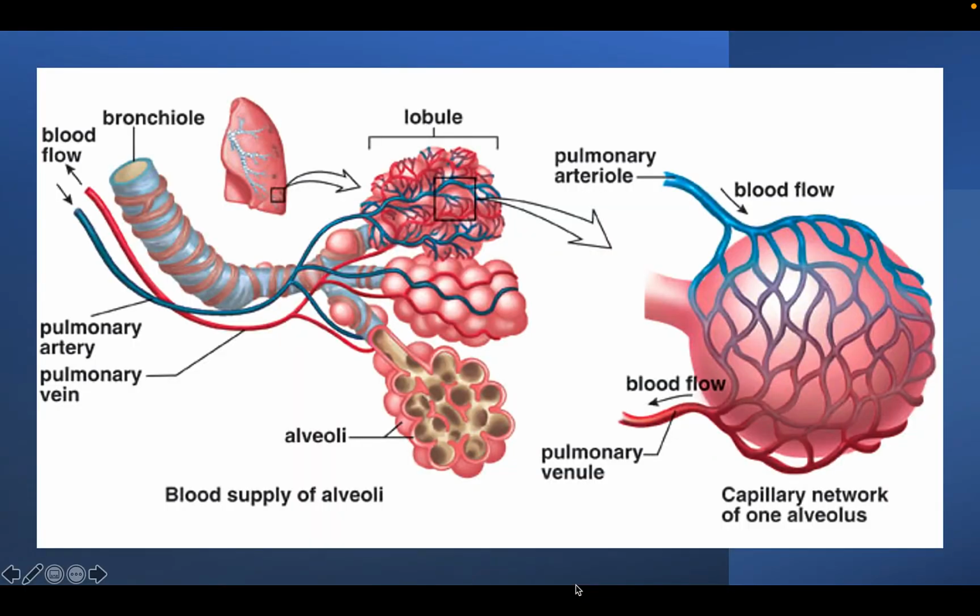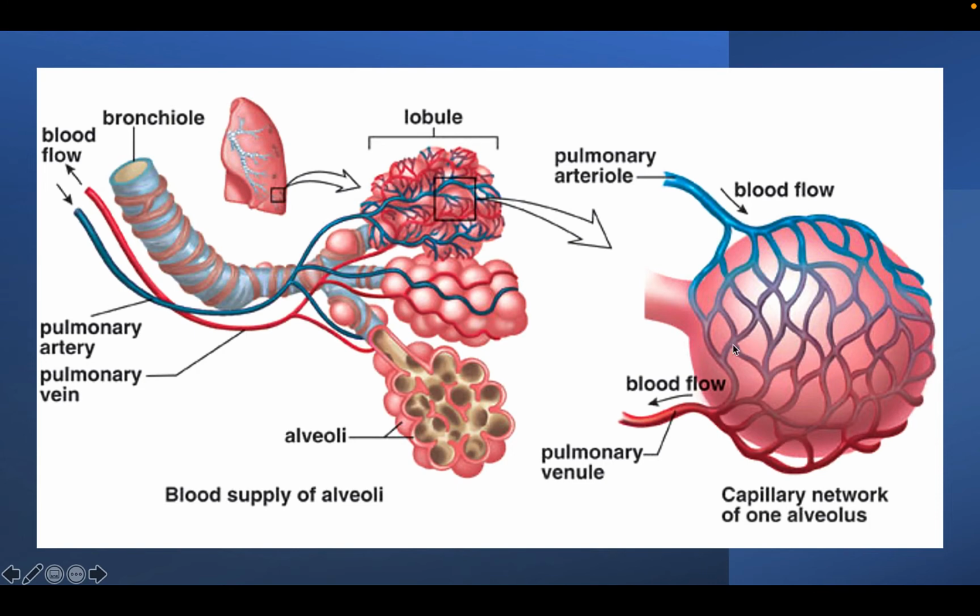Looking closely at the vasculature that surrounds the alveoli, we can see the deoxygenated blood from the pulmonary arteries, or smaller arterioles, dropping off carbon dioxide and picking up oxygen based on concentration gradients.